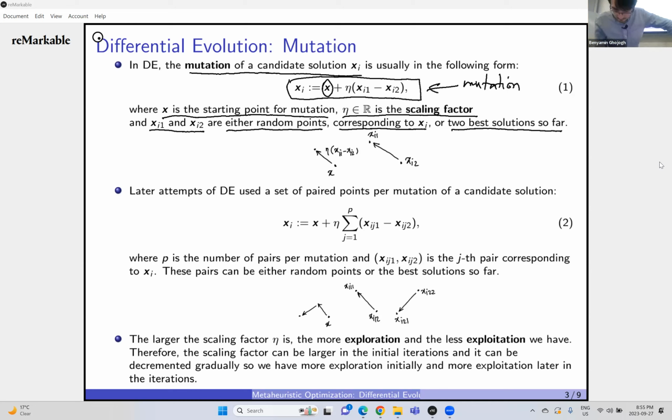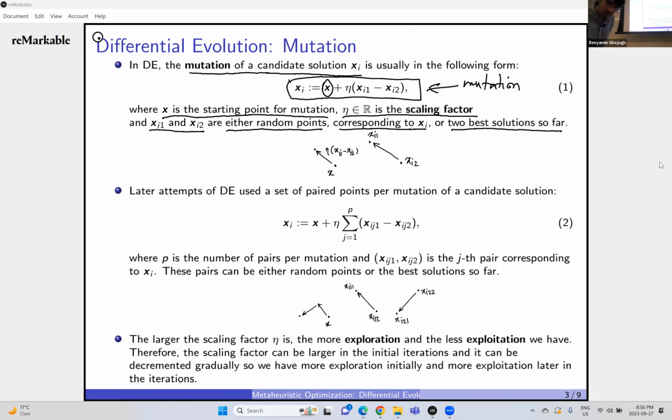This is an example. For example, I set x to be some starting point, and xi1 and xi2 are these 2 points, and they can be either the 2 best found so far solutions, or 2 random points. Xi1 minus xi2 is the vector connecting xi2 to xi1.